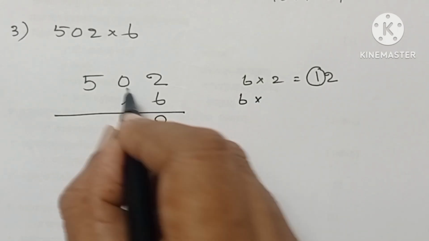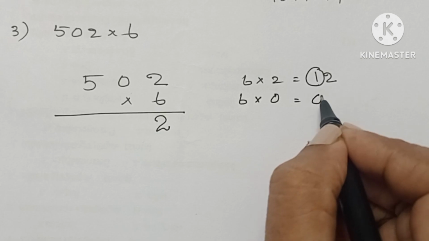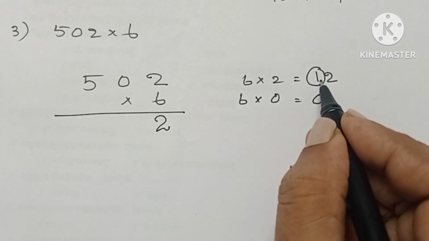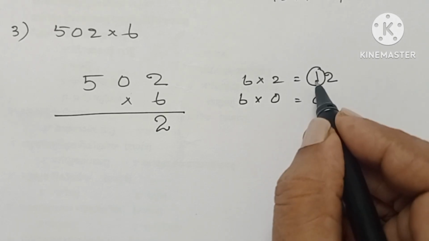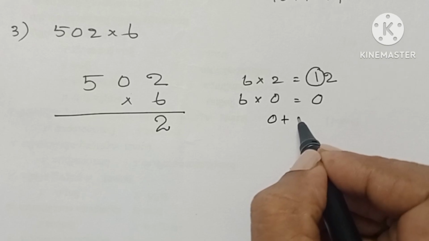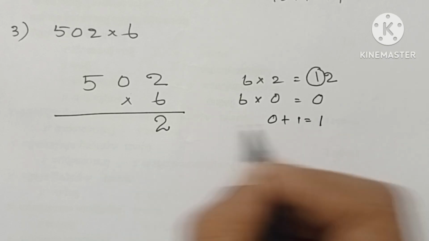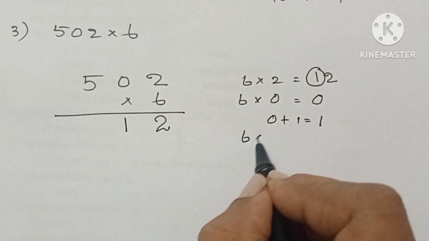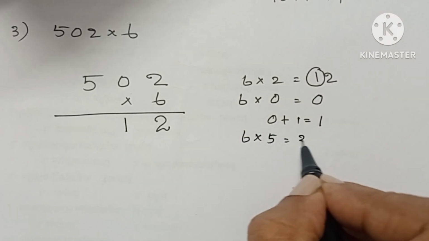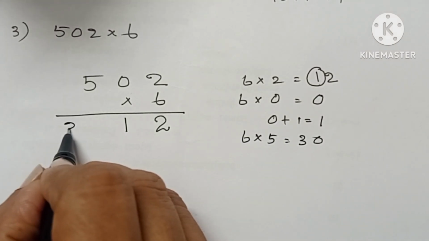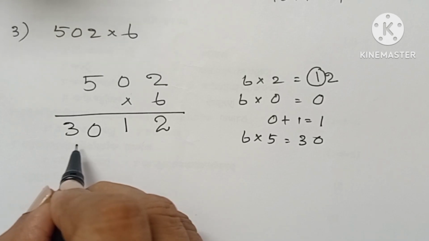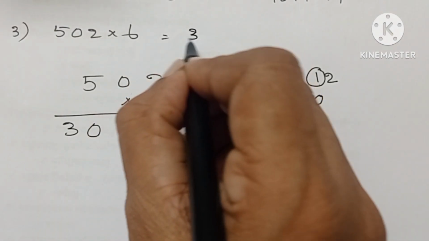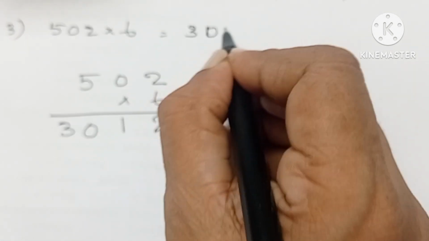Next one is 6 into 0. We know that it is 0. 1 is the carryover. Adding 0 plus 1 equal to 1. 1 we are writing. 6 into 5, 30. Therefore, the answer is 3012.